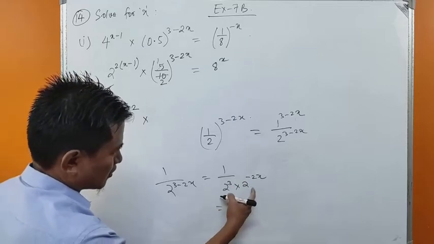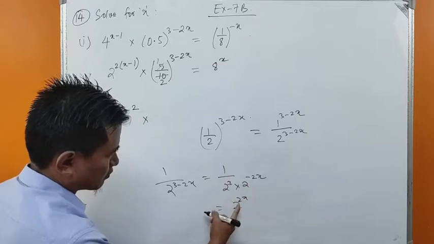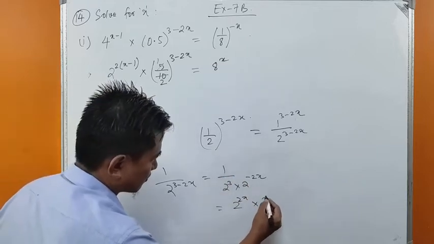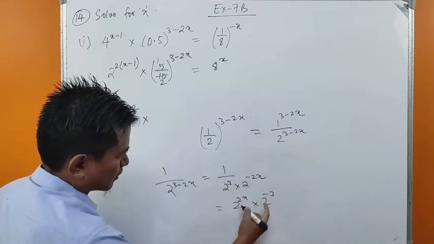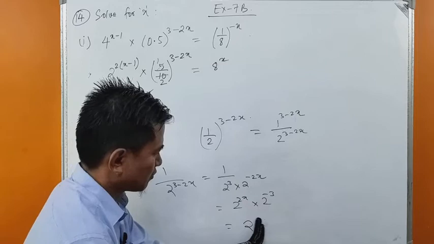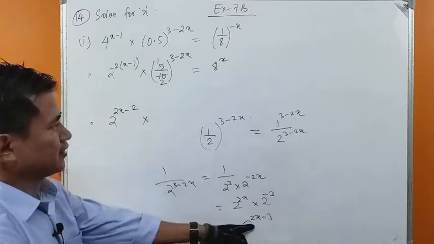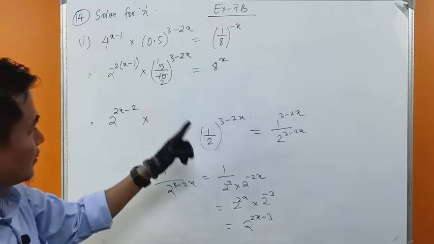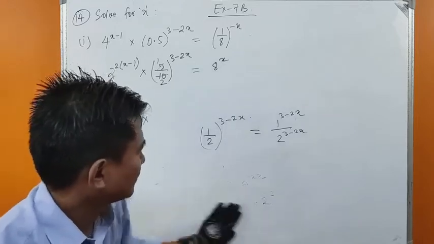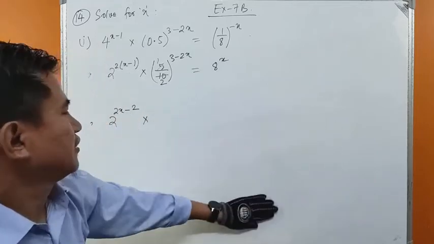So I take this number to the numerator, 2 to the power minus 2x becomes plus 2x, and 2 to the power minus 3, plus 3 becomes minus 3. Now same base, we add up the power again, 2 to the power 2x minus 3, isn't it? The same thing I wrote here, isn't it? I hope you got this.